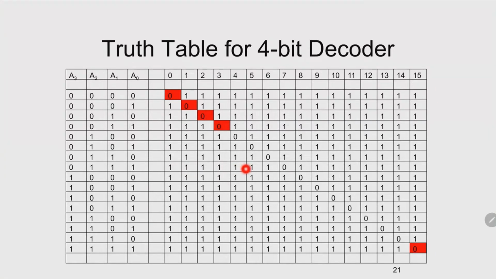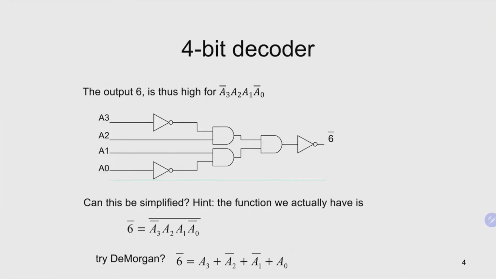Okay, so this is how this decoder works, and it can be used to select a particular address. Here, we are looking at the output 6.